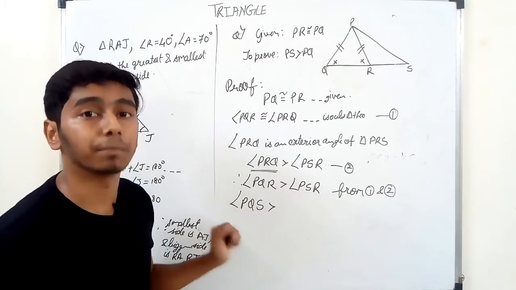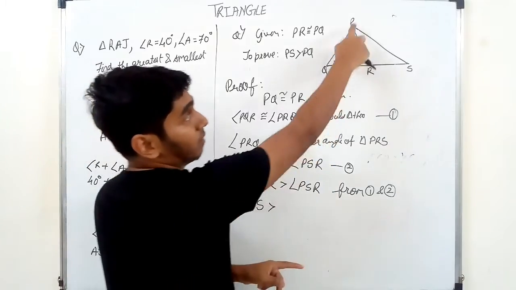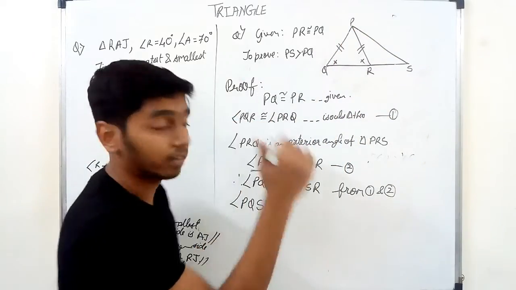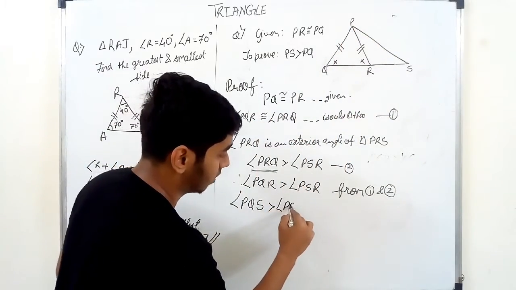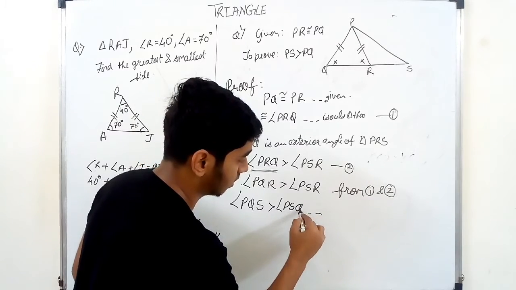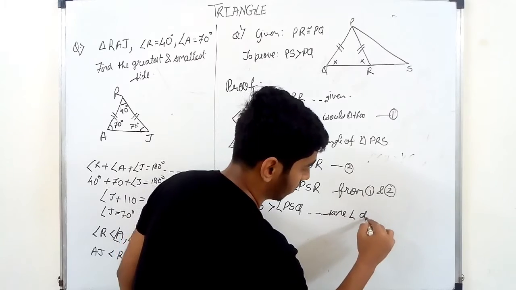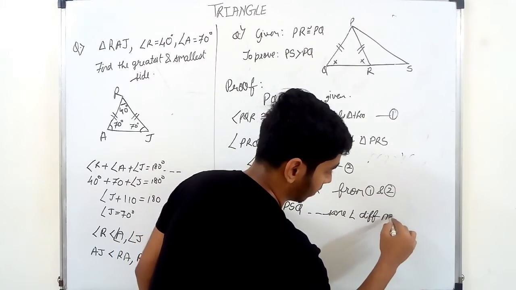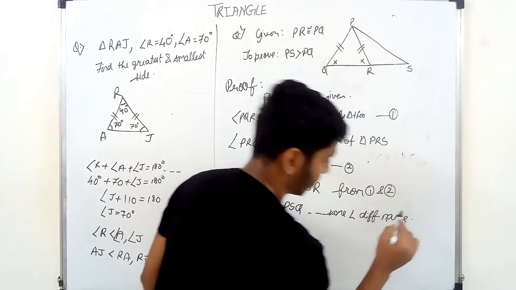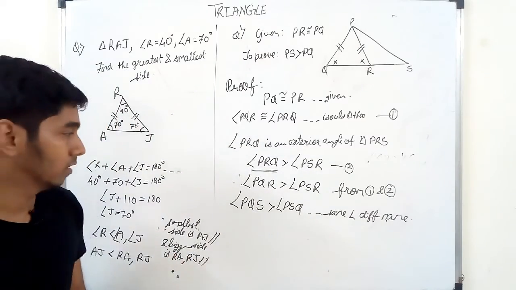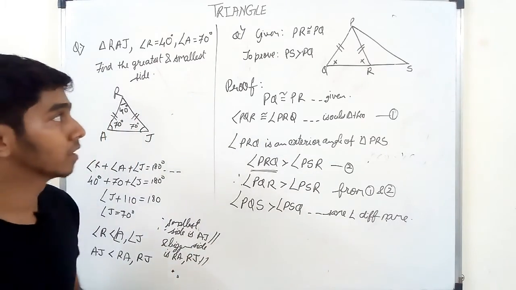Same angle but different name. Same for this PSR, I can write PSQ. So angle PSQ. Same angle, different name. Correct? So I hope you have understood this now.